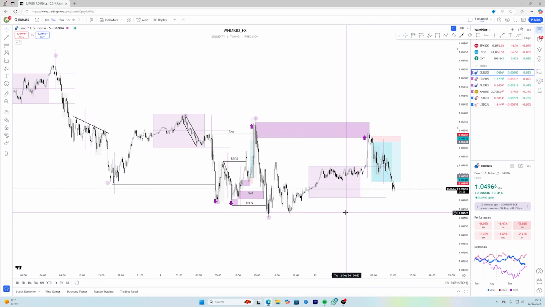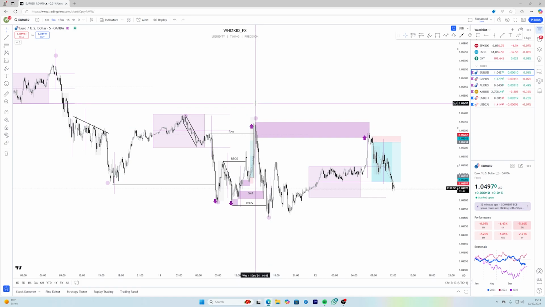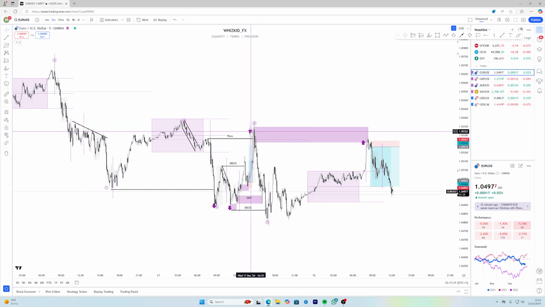So when everybody tells you, just expect the yesterday daily high or low to be taken out, and then you can enter reversal, etc. Well, that's not how you're reading the market. You need to read the market. It doesn't mean if we have a daily high of yesterday, then it has to be taken out, right?